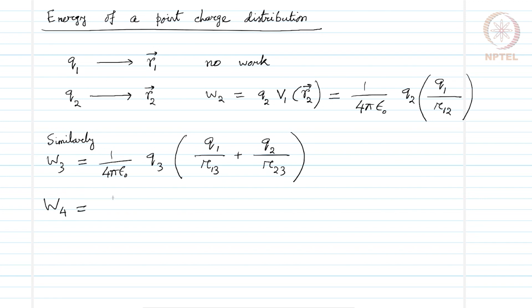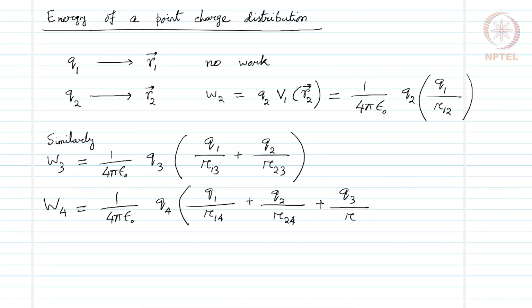W4 equals 1 over 4 pi epsilon naught, Q4 times Q1 over R14 plus Q2 over R24 plus Q3 over R34, and so on. And so, with this distribution, what is the total amount of work done?